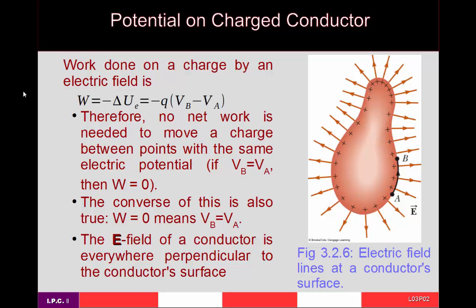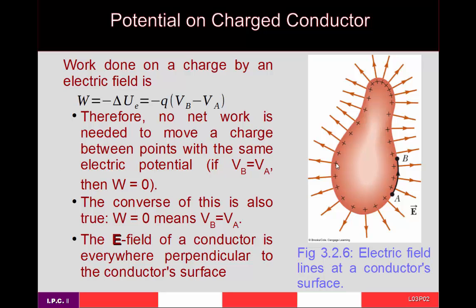So let's use this information to discuss the potential on a charged conductor. A charged conductor, you'll recall, has 0 electric field anywhere inside of the conductor. So the E field is 0 anywhere inside of this conductor, even though it harbors a charge on the surface.